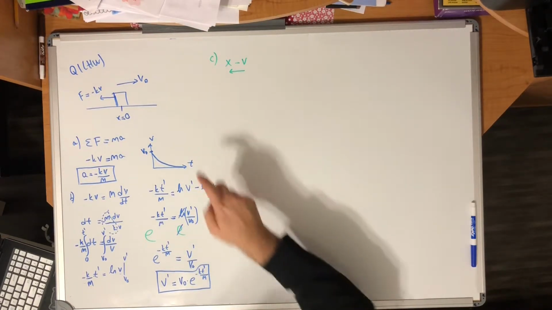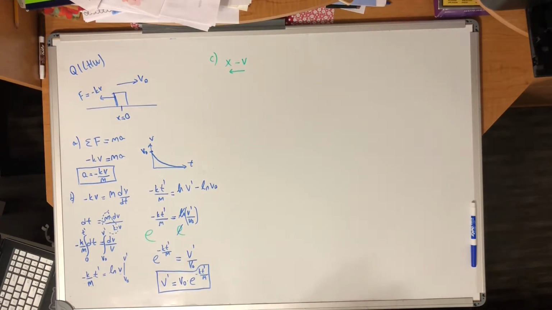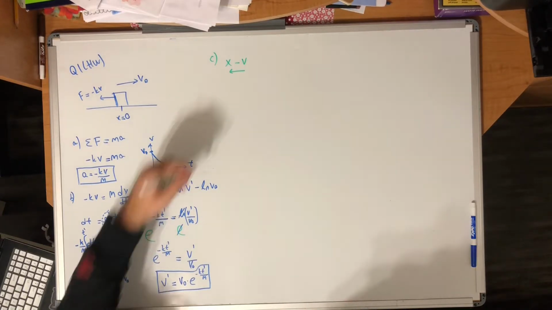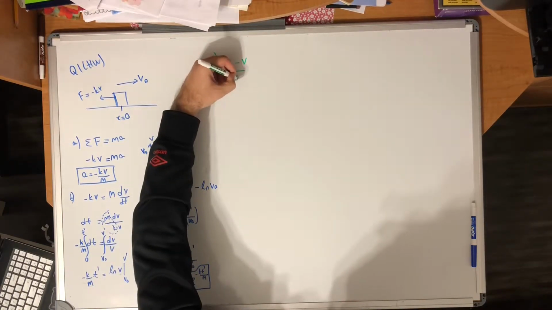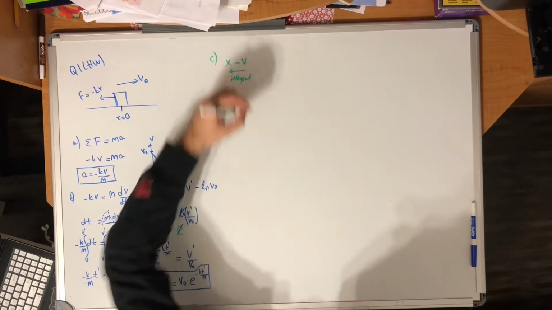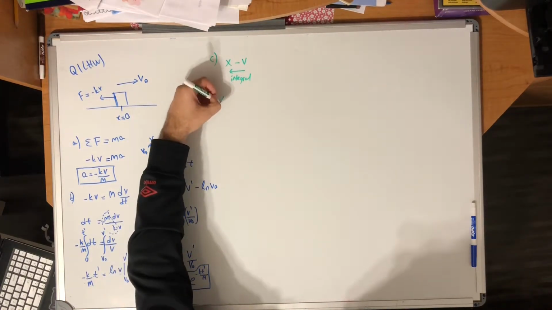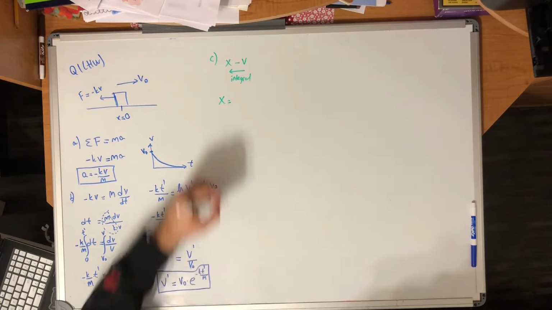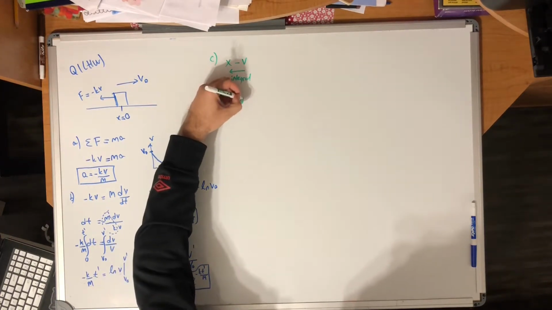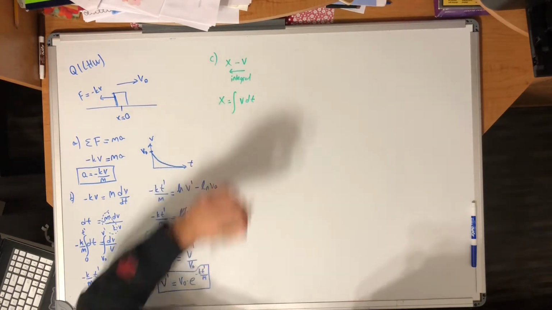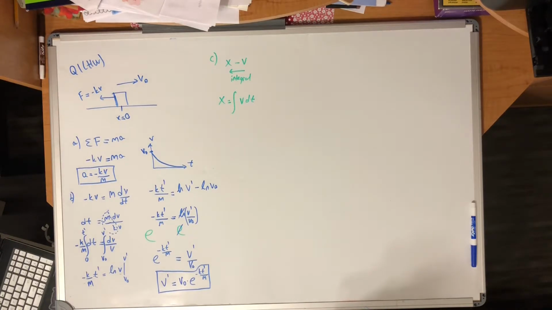And if you're going backward, remember from my calculus review as well, that is going to mean integral. So what does that mean? Your position function will be the integral of your v function with respect to time.